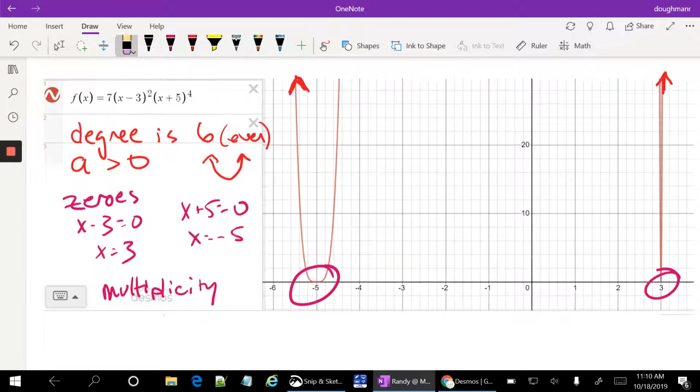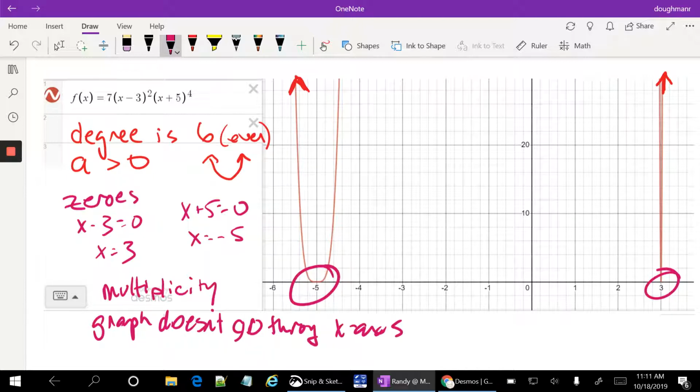So in both cases, the graph does not cross or go through the x-axis. In both cases, the graph comes in and goes back out in the opposite direction. It doesn't cross.